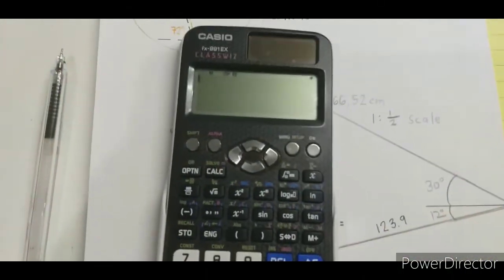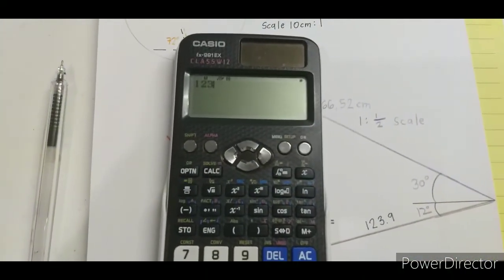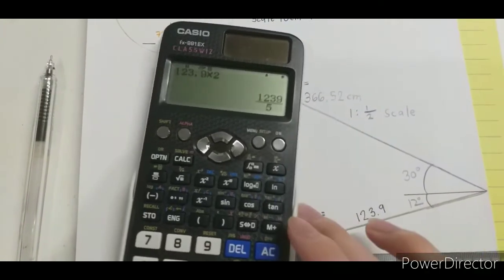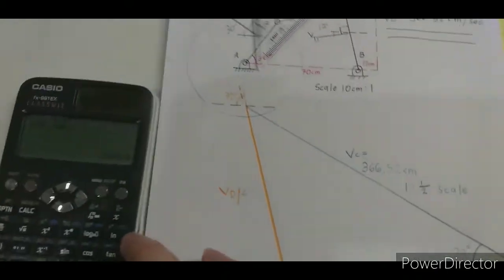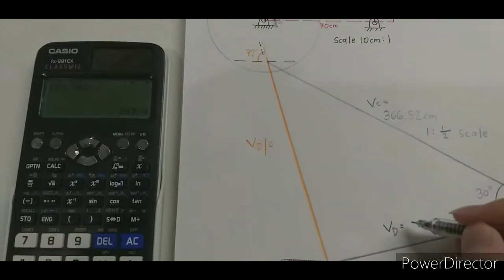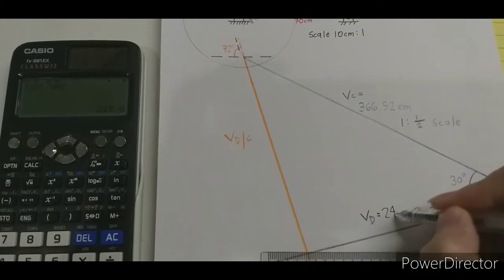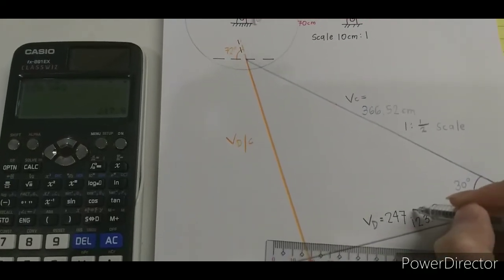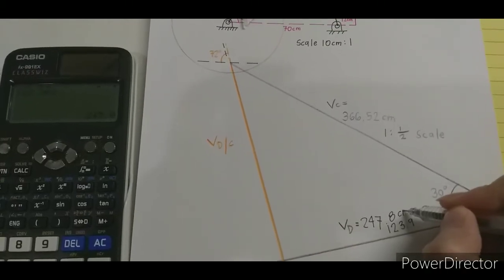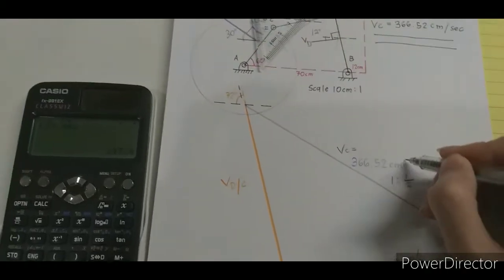We'll multiply 124 or 123.9 times 2. We would have the velocity of D would equal 247.8 centimeters per second.